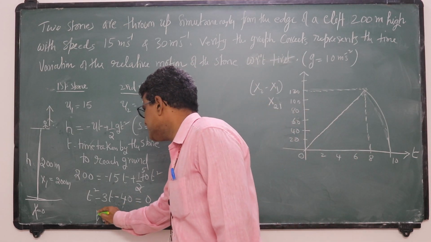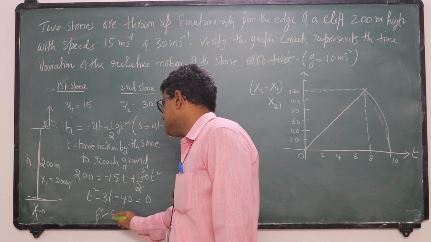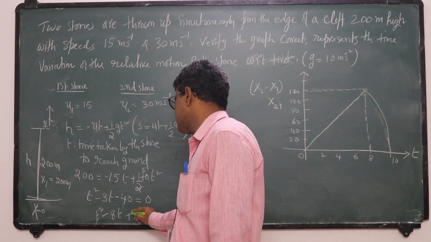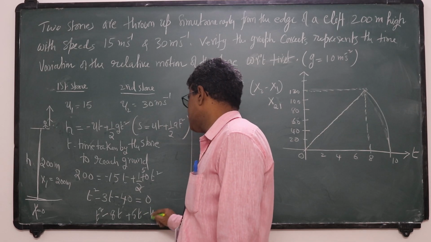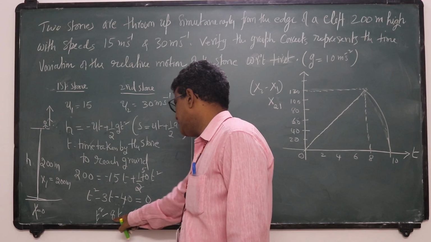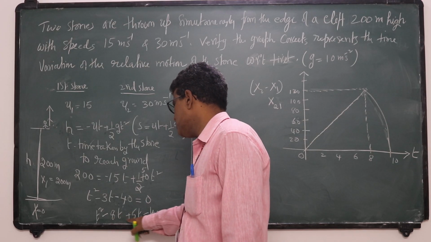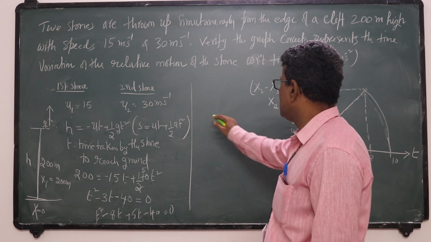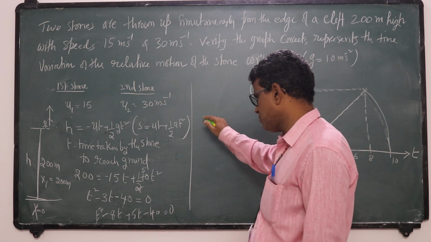So we can write it as t square minus 8t plus 5t minus 40. 8 fives are 40, minus 8 plus 5 is minus 3. So we have the roots. What are the roots?